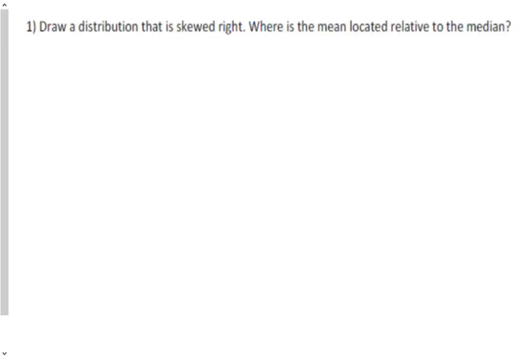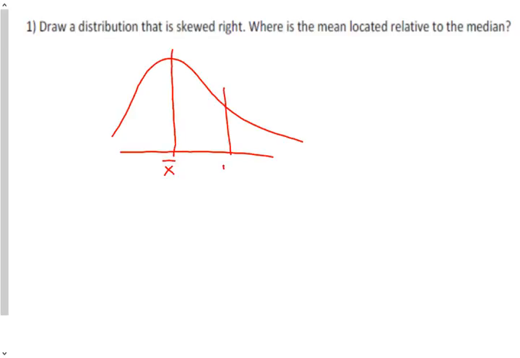We've already done this, but skewed right looks like this. And the median, oh, right here, is like so.